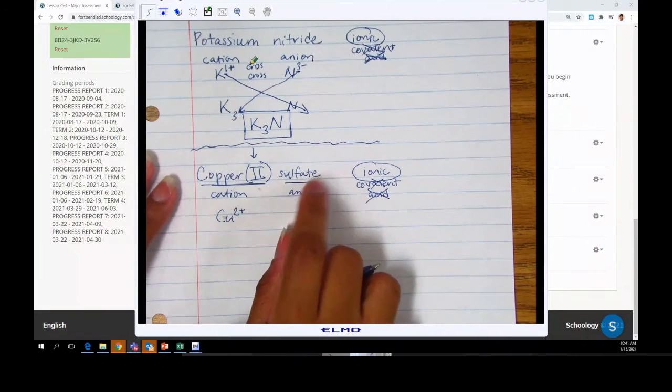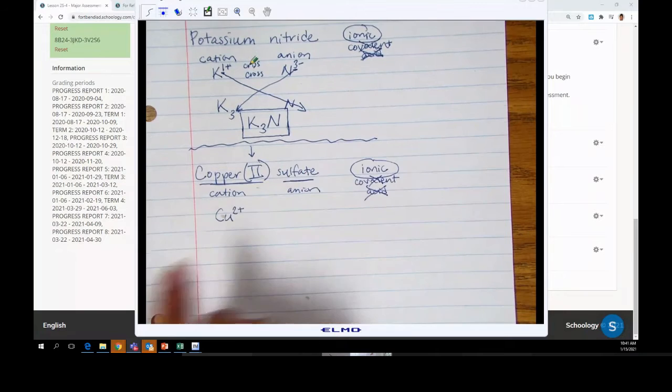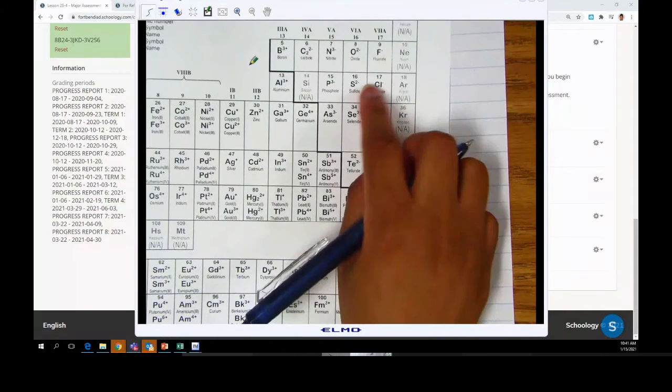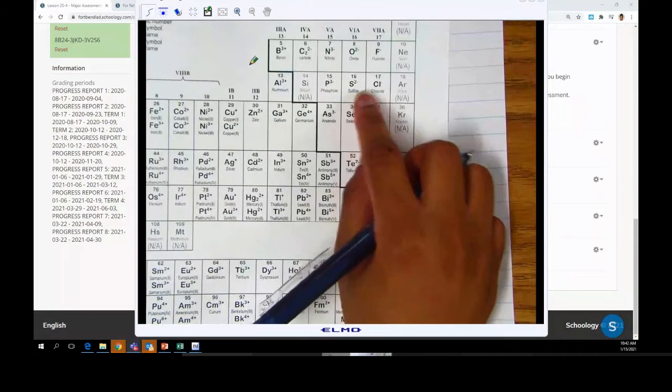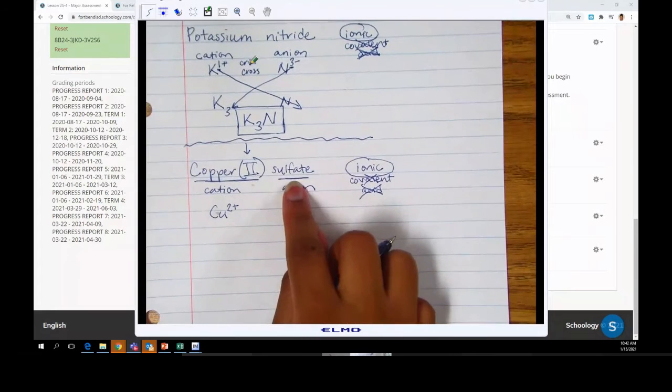For sulfate, now sulfate is not sulfur. If we look at sulfur, the name of that anion is sulfide. So sulfate is actually a polyatomic ion.